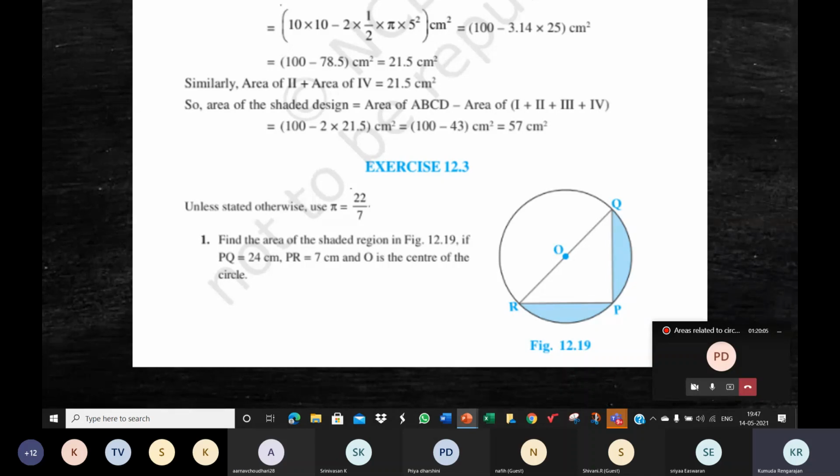If you have the radius, and if you can by any means find the area of the triangle, then yes, you can find the area of the shaded region. We are saying Pythagoras theorem, but how do you know it's a right triangle in the first place? Pythagoras theorem can be applied only in a right triangle.